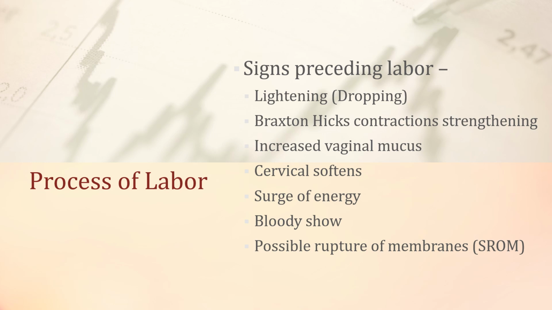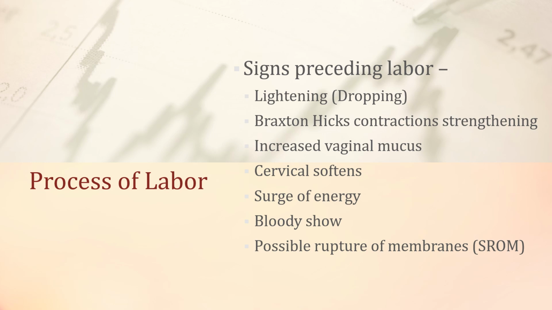Increased vaginal mucus is produced. Your cervix begins to soften, which of course only your healthcare provider would be able to tell you. You get that surge of energy, nesting, and bloody show. So bloody show is that increased vaginal mucus mixed with maybe a little bit of blood from some of the blood vessels bursting or breaking in that very vascularized cervix.